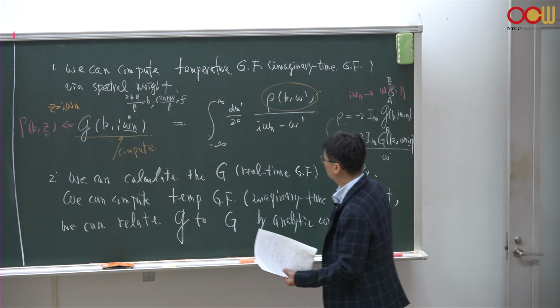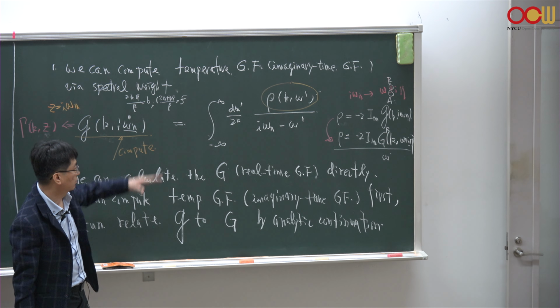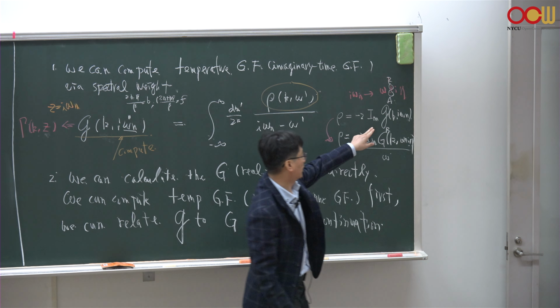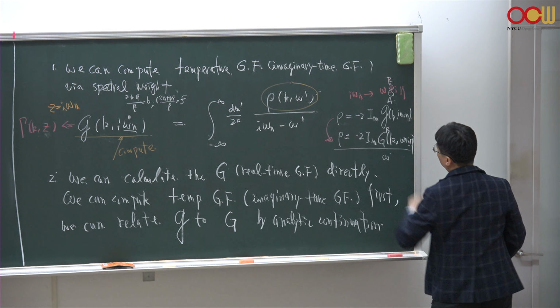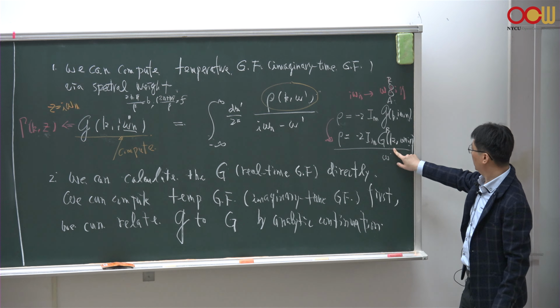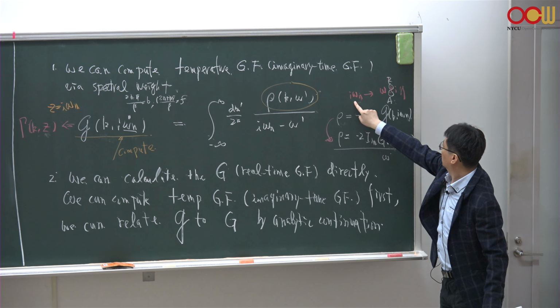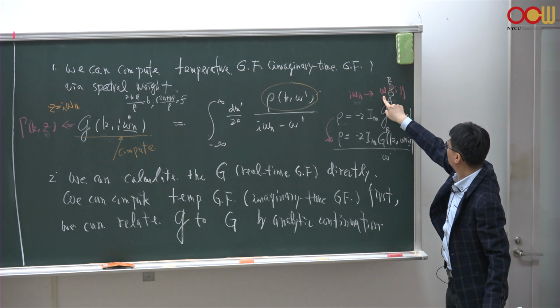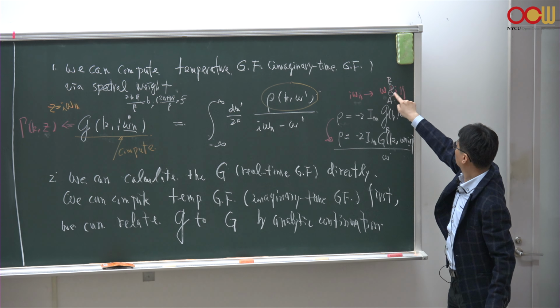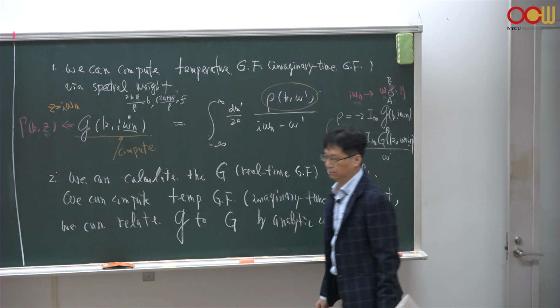Okay, so this is what we really should do, and the steps that we should go through are that we first calculate G italic, and then we find the spectral function to plug into this capital G retarded and advanced, and by such a continuation, by setting i omega n to be the real value omega plus or minus i eta, we go from G italic to capital G.